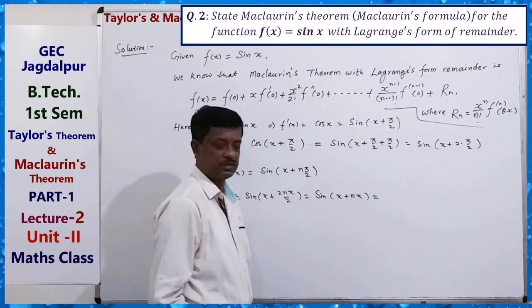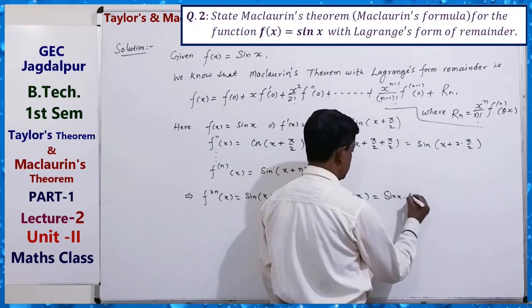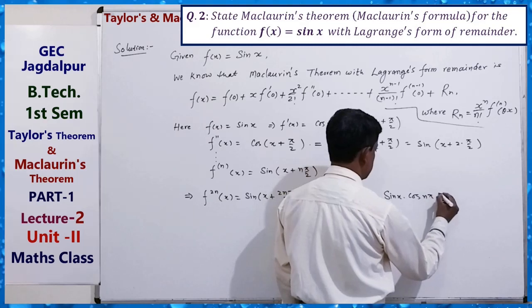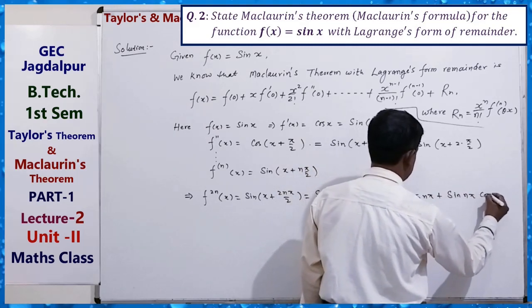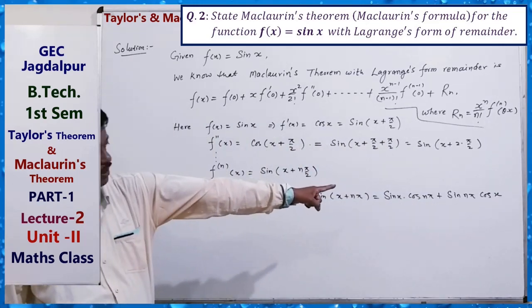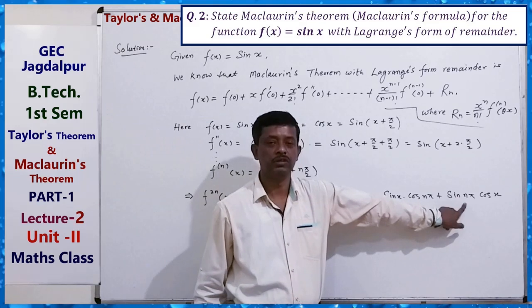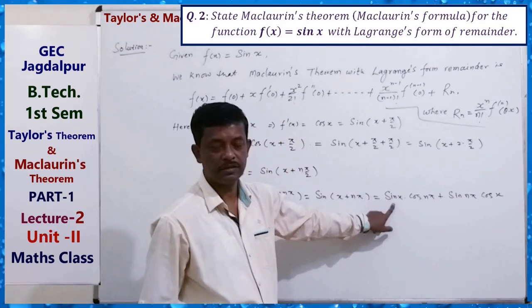This can be written using the sin (a plus b) formula: sin x cos n pi plus sin n pi cos x. Sin n pi is always 0, and cos n pi is minus 1 to the power n. So this equals minus 1 to the power n sin x.